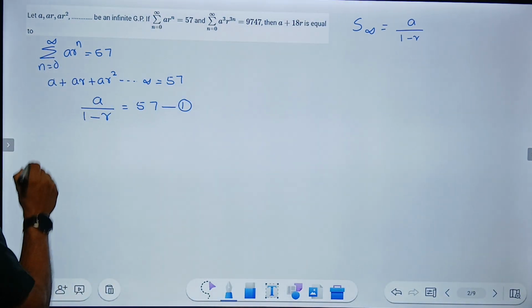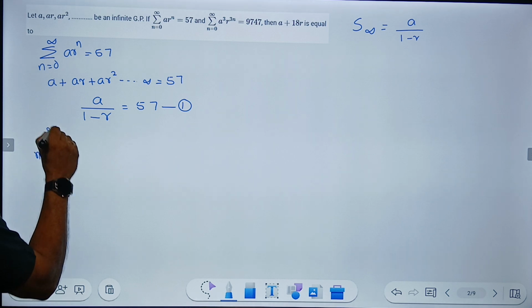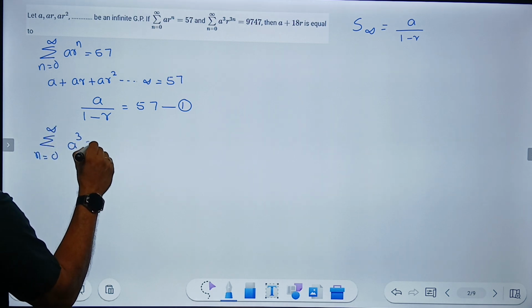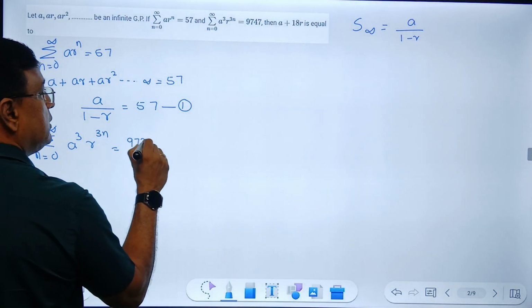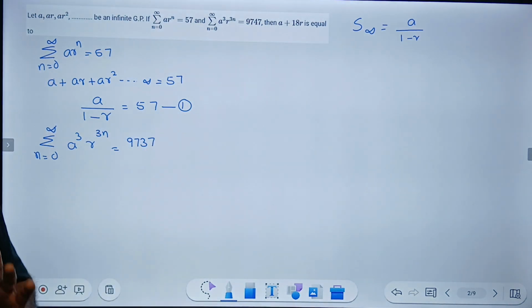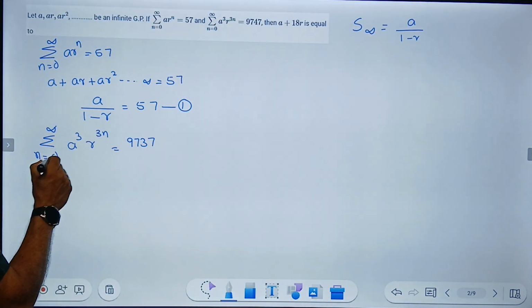Now the second data that is given is sigma n equal to 0 to infinity A cube R power 3n is given to be 9747. Again you substitute the values of n equal to 0.